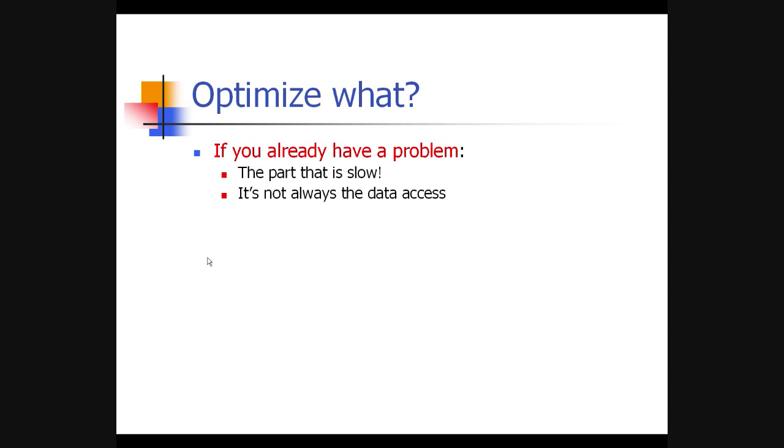Remember that it's not always the data access that is slow. In some cases I've seen processing of the data before display take more time than the data access itself. So you will have to identify exactly what is taking too much time and work on it.